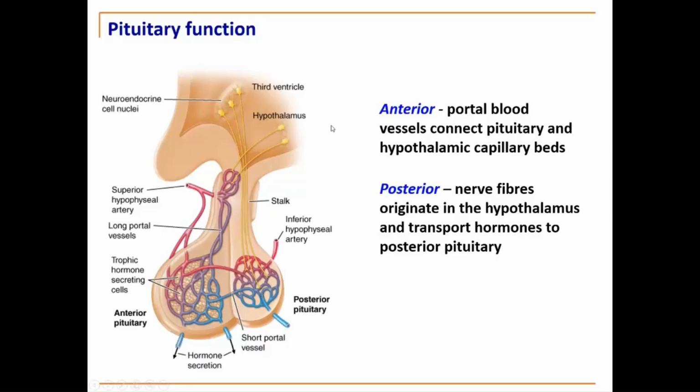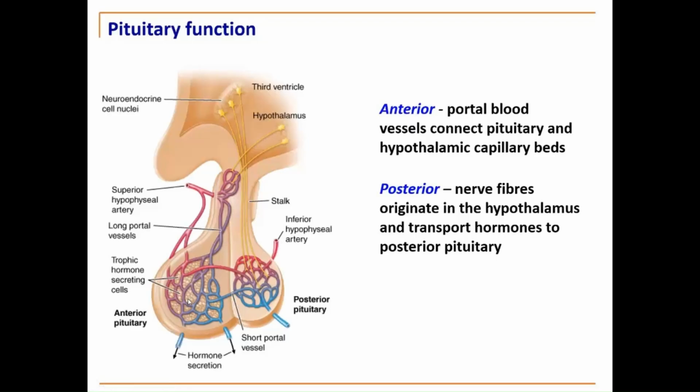So in other words, at the level of the anterior pituitary, the hypothalamus produces a hormone, which enters the blood vessels and goes to the anterior pituitary, and another hormone is released. With the posterior pituitary, a hormone is made in the hypothalamus and transported to the posterior pituitary, where it is directly released into the bloodstream. So it's one hormone when thinking about the posterior pituitary, and a two hormone axis if we're thinking about the anterior pituitary.